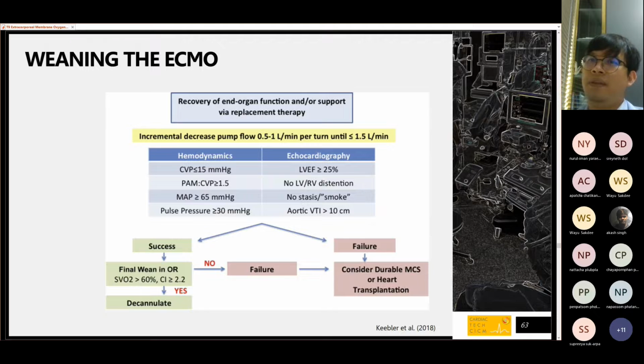Yes, sometimes we need to consider terminating that patient's support. Okay, that's a sad story, but that's true.